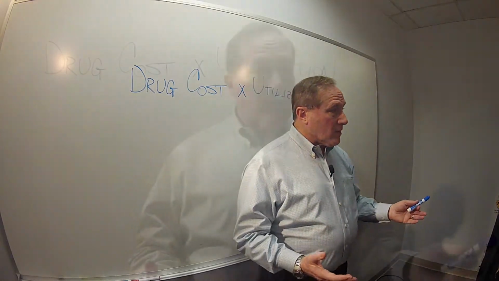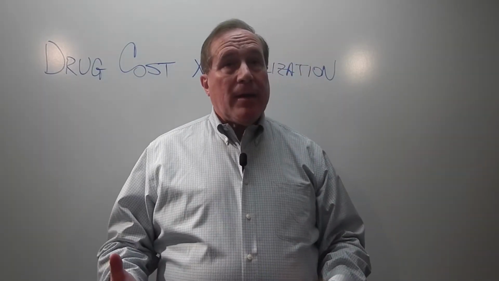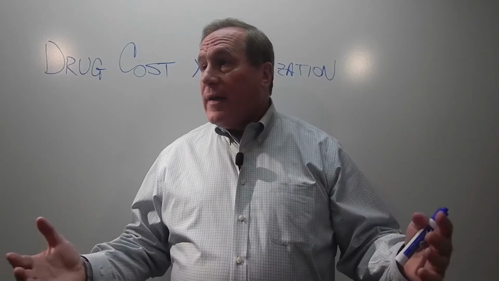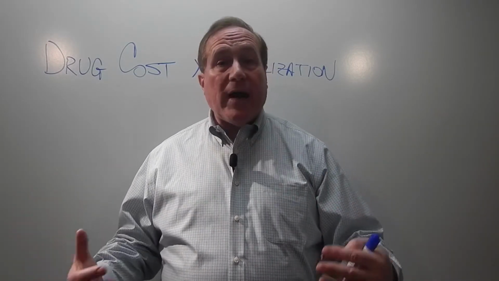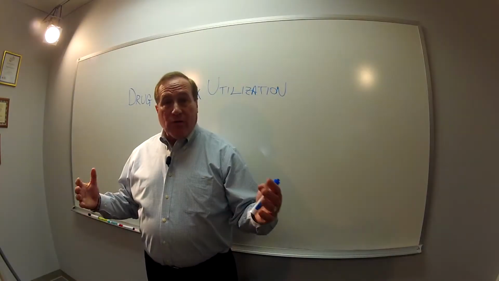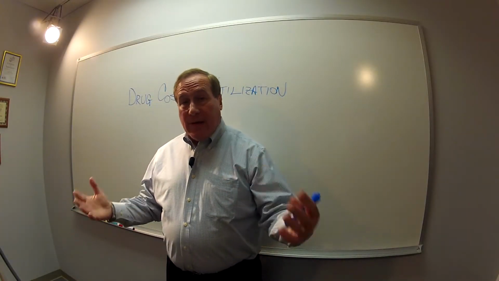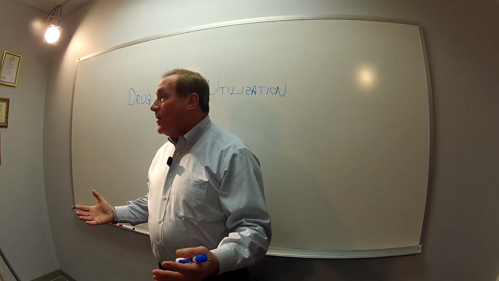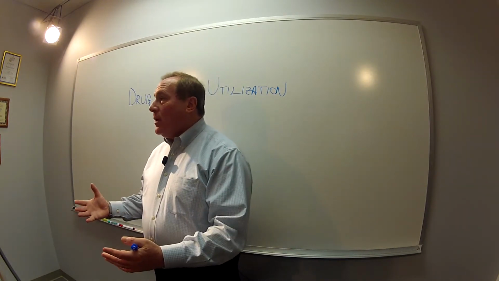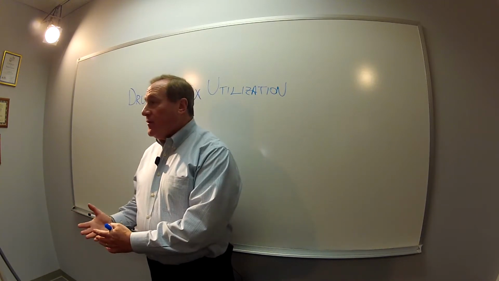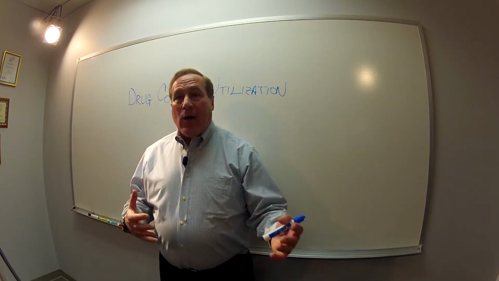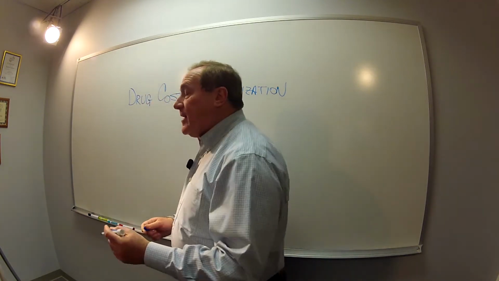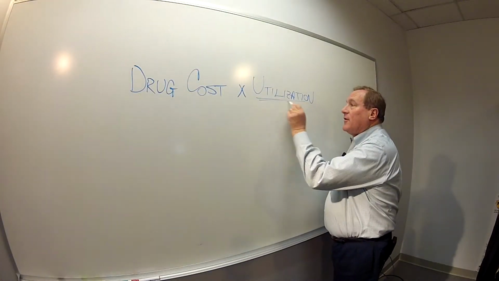What is more difficult is to deal with utilization because the company that is selling the drug or the group purchasing organization or the provider or otherwise, they can deal with what the drug cost is. They can deal with getting a discount with volume and buying more. But they can't control how many prescriptions a patient uses. They can't control how a physician will utilize the drug. And so as a result of that, the utilization is much more difficult to handle.